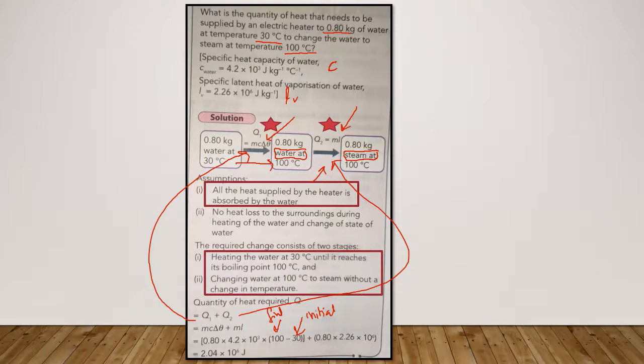Plus 0.8 mass times the latent heat. This is the specific heat capacity, and this is Lv, the latent heat of vaporization of water. You add these, and you get the answer here, 2.04 times 10 to the power of 6 joule. The final answer.